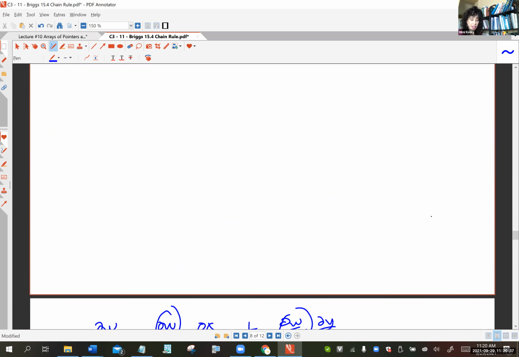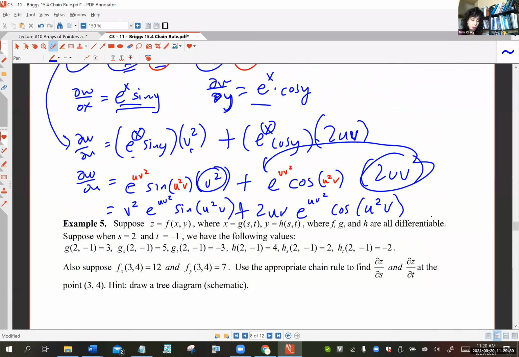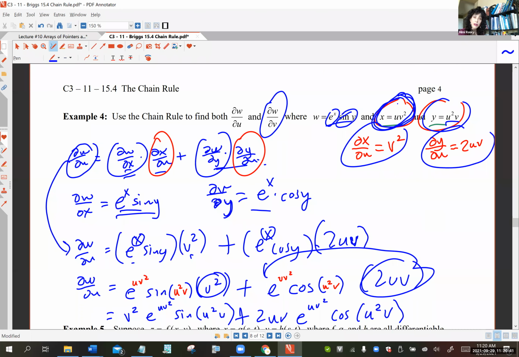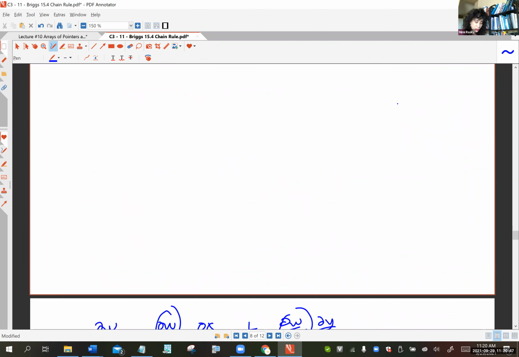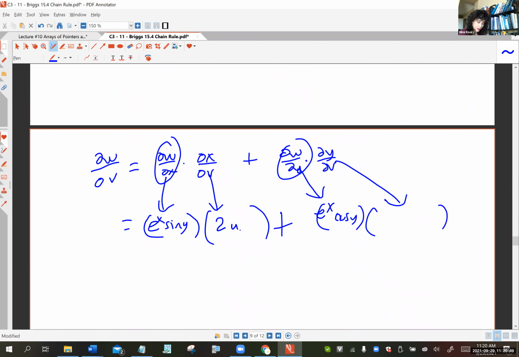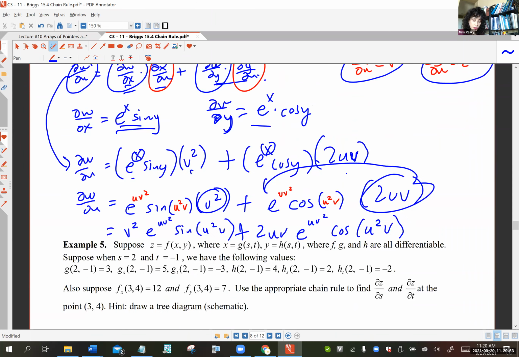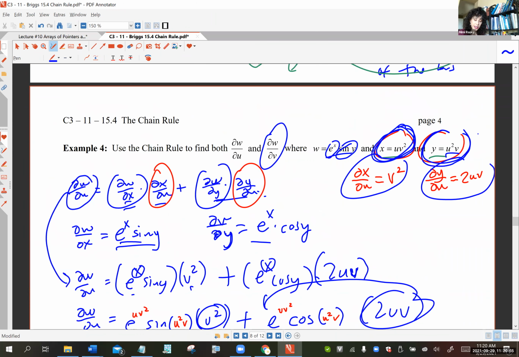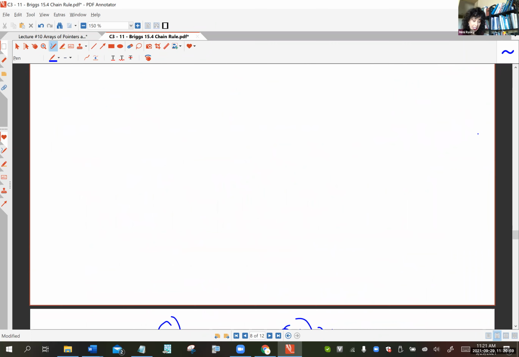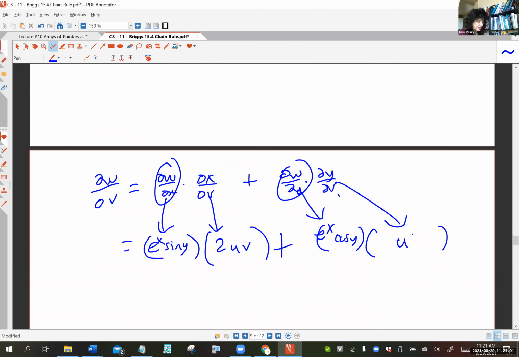So dx dv, but x was equal to uv squared. So if we take the derivative of uv squared with respect to v, we'll get 2uv, and dy dv, what is y again? I forget. Okay, y is u squared times v. The derivative of that with respect to v, holding u constant, is just u squared.